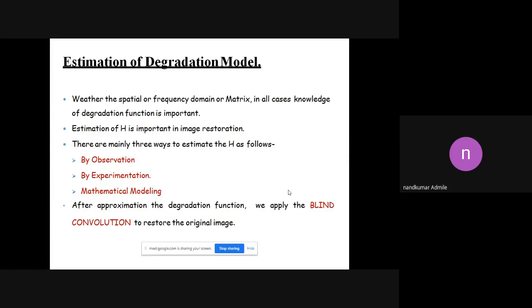Which types of filters did we study in image enhancement? Rutuja Chavan. Do you remember what was taught before? Yes or no?